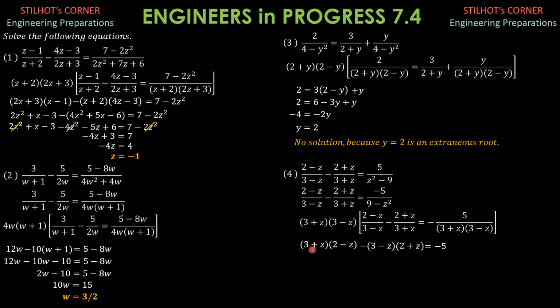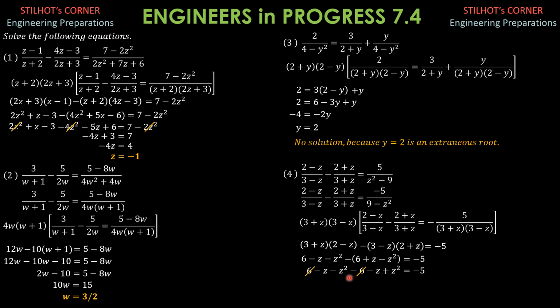So simplify, that is 6 minus 3z plus 2z, so minus z squared. 6 minus z squared. Then minus quantity 6, 3z minus 2z is plus z, then negative z times z is negative z squared. Then copy negative 5 in the right side. So 6 minus z squared minus 6 minus z plus z squared equals negative 5.